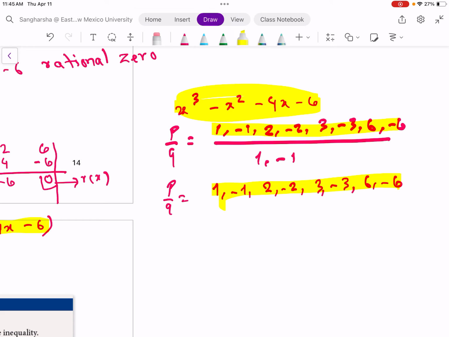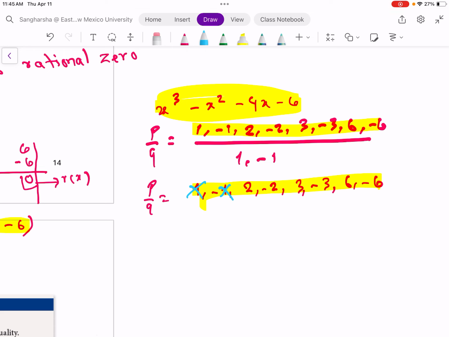So both of these are not real zeros. Let's try 2. So 2 cube is 8, minus 2 square is 4, minus 4 times 2 is 8, minus 6. Okay, this is not 0, so 2 is not a real 0.